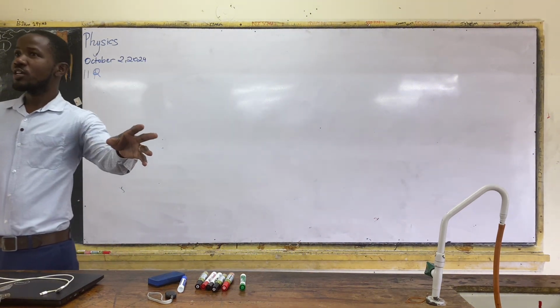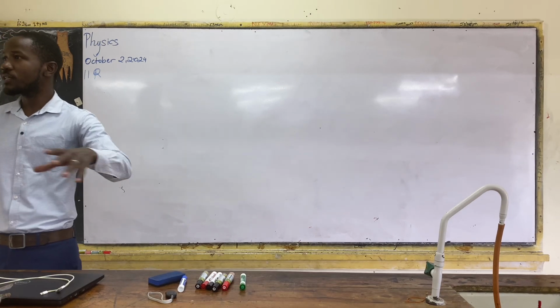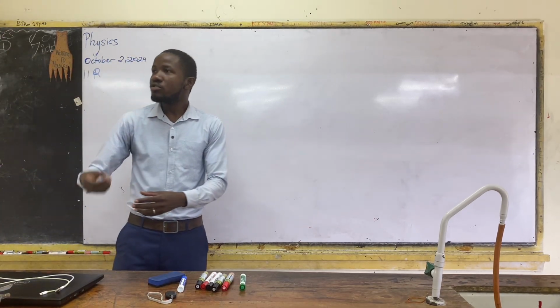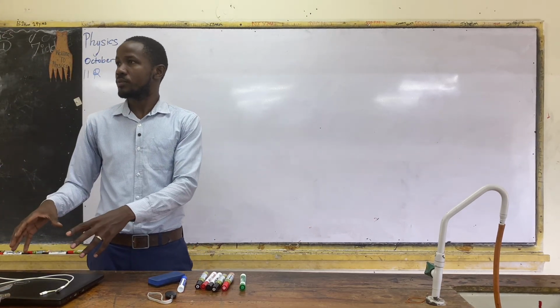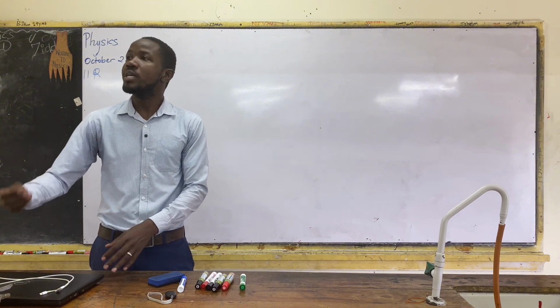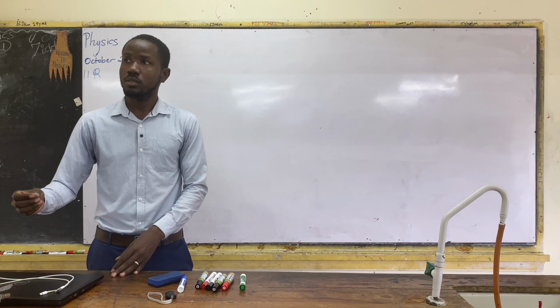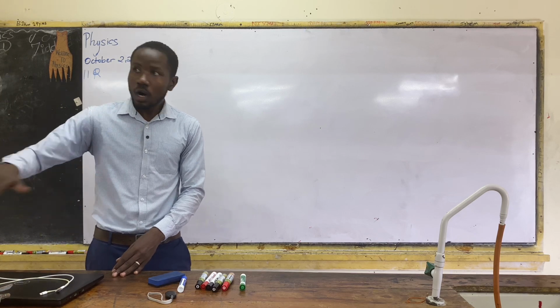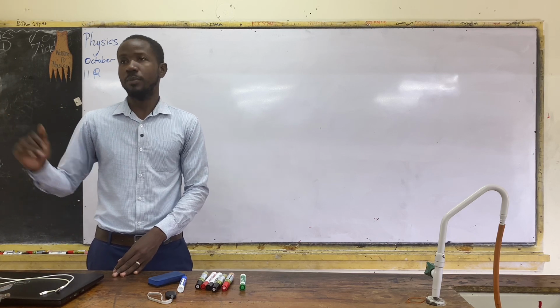So the question over here was: if we had the water at 100 degrees Celsius, and we leave the Bunsen burner under the water and we're still supplying heat energy, would the temperature remain at 100? And yes, it would remain at 100 until all the water turns into vapor.